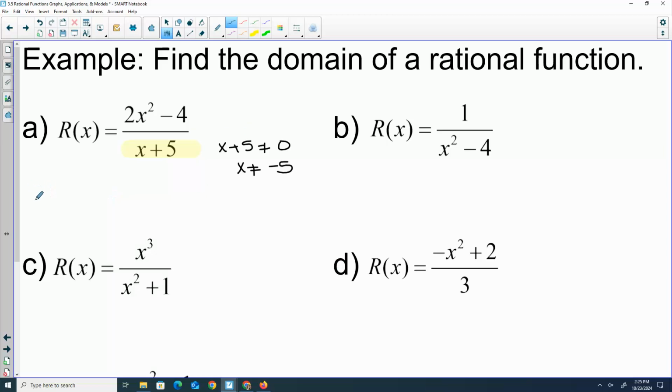So domain is telling me everything that x can be. So if it can't be -5, what can it be? Everything else. So everything smaller than -5 and everything bigger than -5.